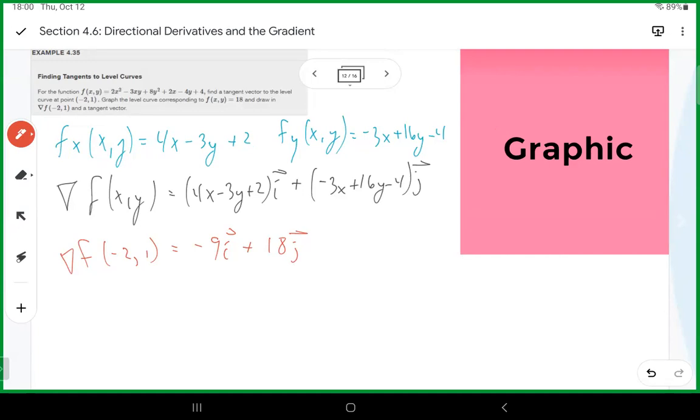So, for example, we would have a tangent vector, and I will show you this lovely graphic.